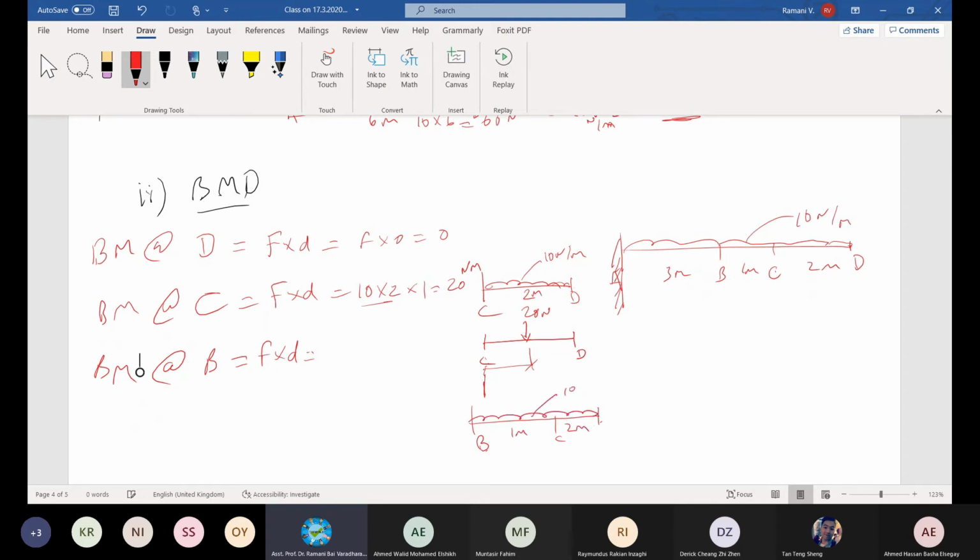Not to scale. 10. Help me, Ongzan. The force is 30 Newton. Very good. He has clearly converted into B into D, acting at what?